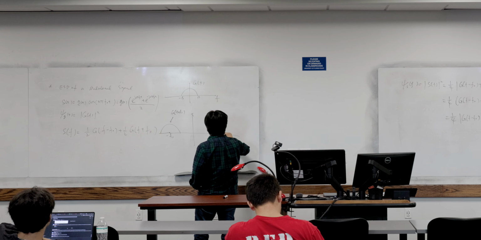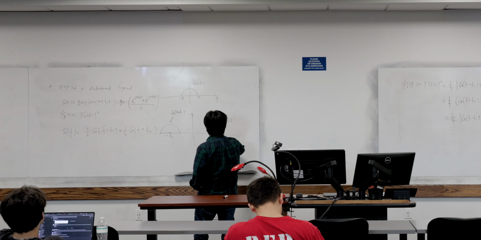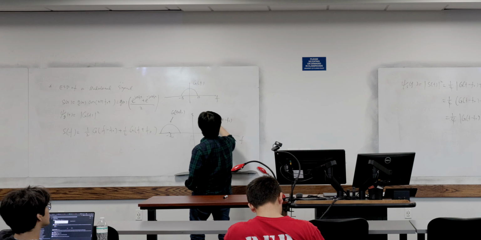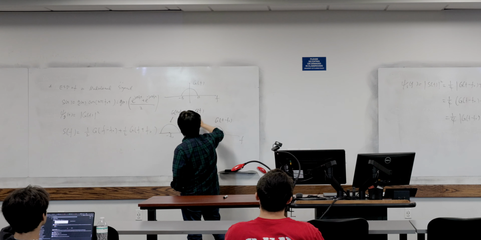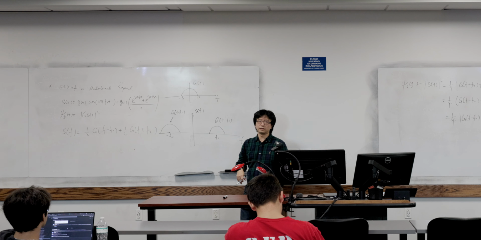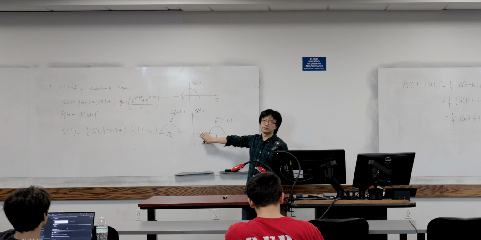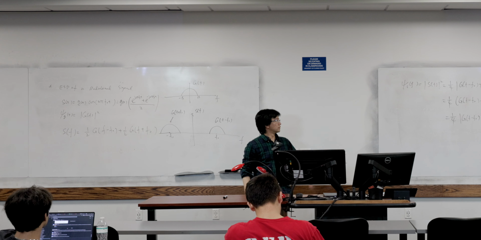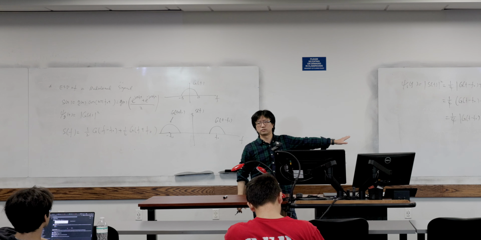And here would be G of f minus f₀, and here is f₀. So this is the modulated signal X of f, okay? Now can you tell me what that term equals to?